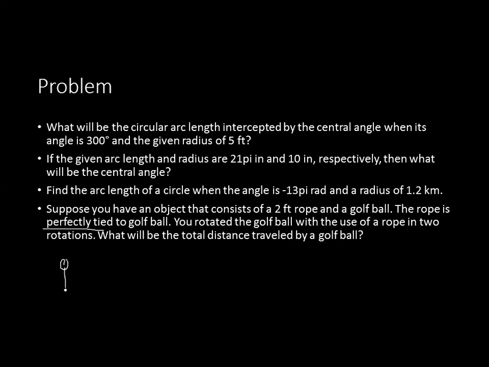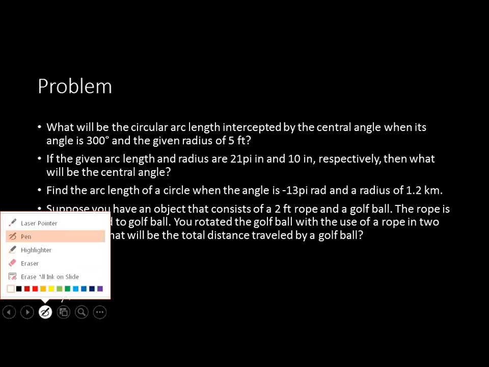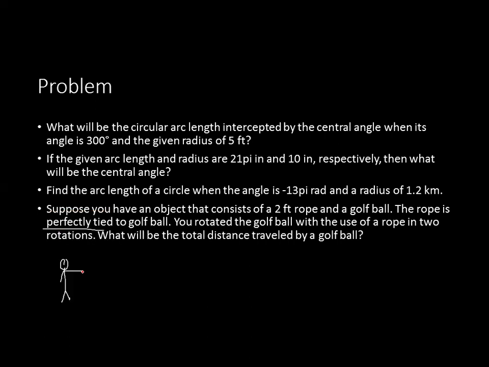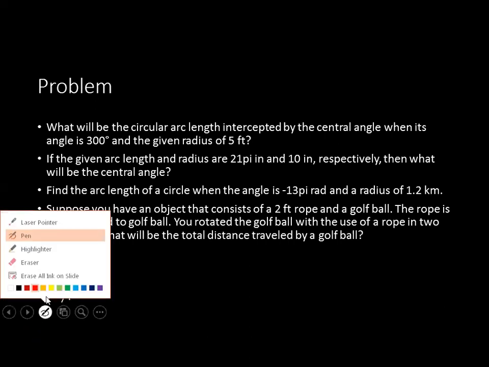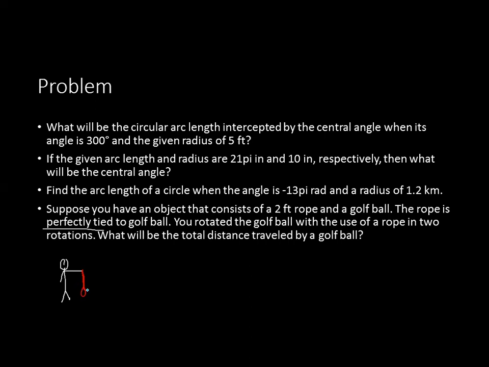So suppose this is you, and you have an object that consists of this rope and a golf ball. Then you're going to rotate it twice. 1 and 2.